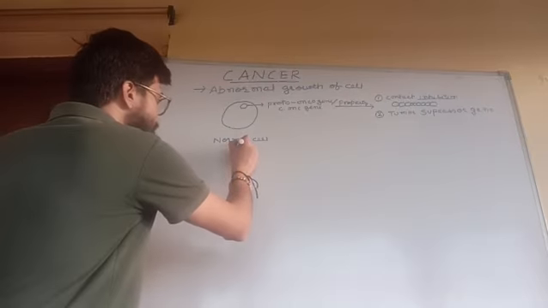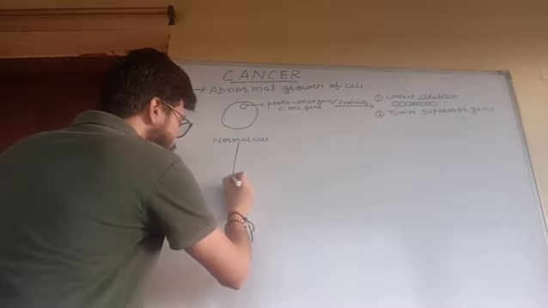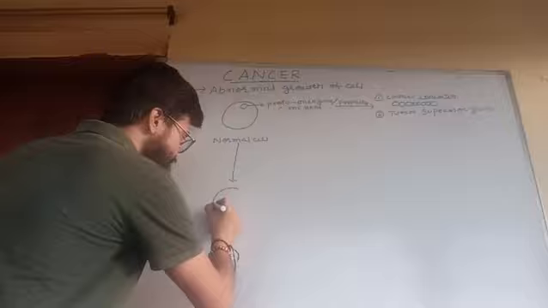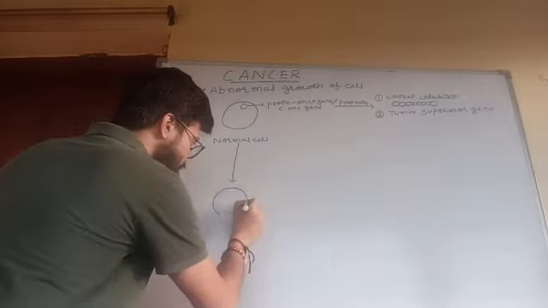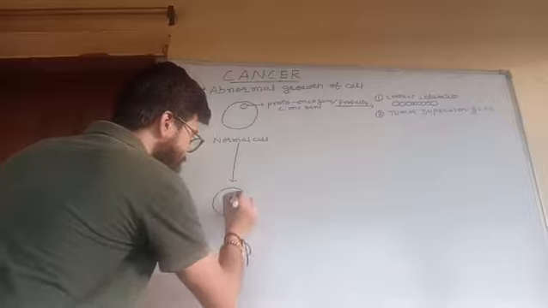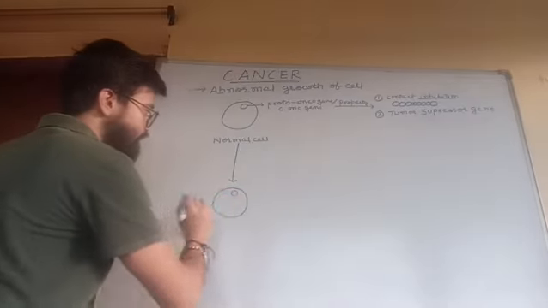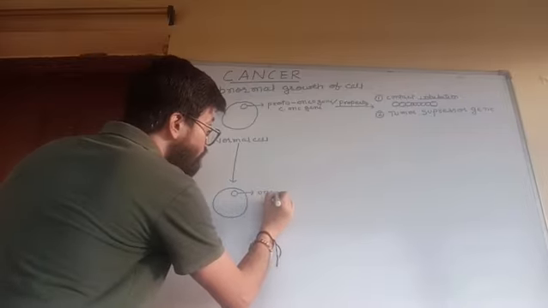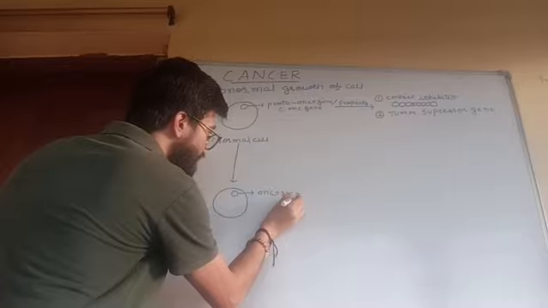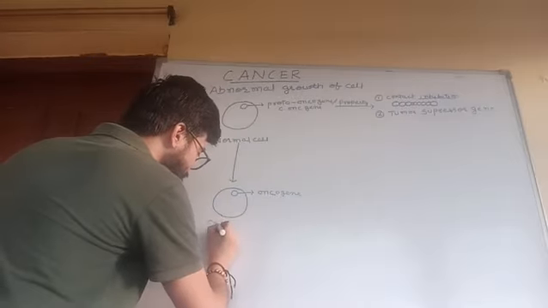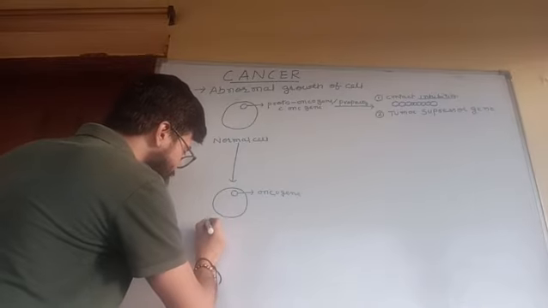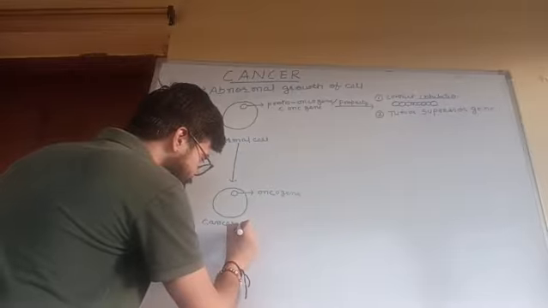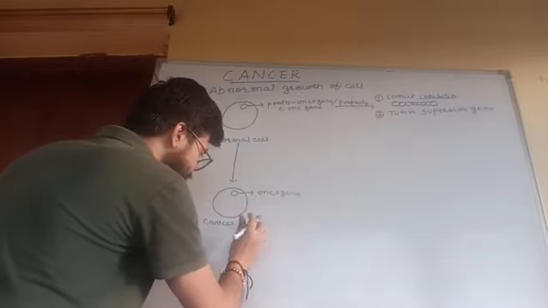But suppose this normal cell is changed into a cancerous cell. Then the gene is known as the oncogene, and this cell is known as the cancer cell.